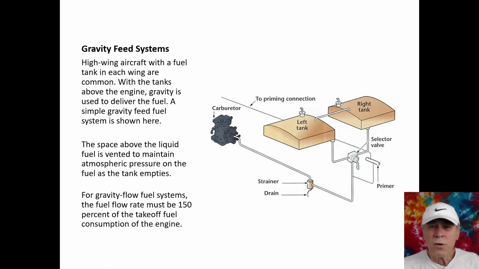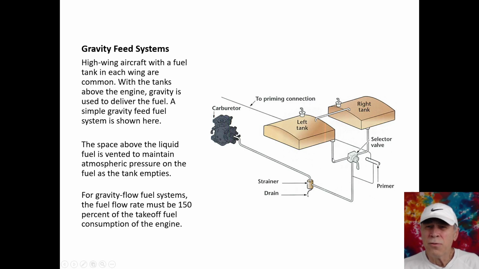One of the more early elementary types was the gravity feed system. You can see there is no fuel pump. Basically, the tanks are located high in the aircraft, usually in the wings. And you can see the feed system relies a little bit on gravity.